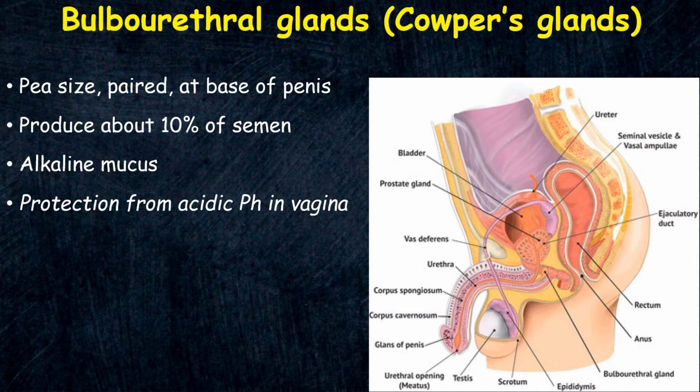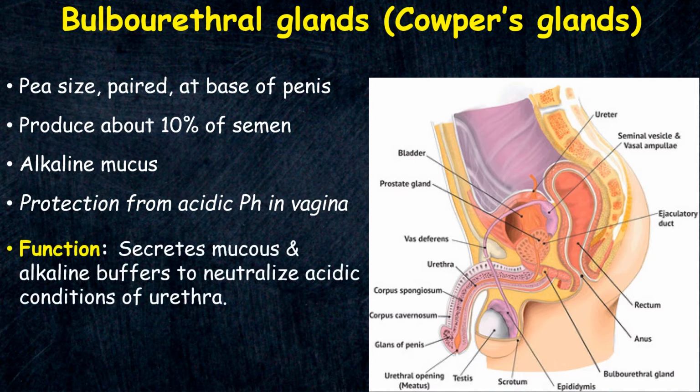So they give protection from the acidic pH in the vagina when the spermatozoa enter after intercourse. The main function is to secrete mucus and alkaline buffers to neutralize acidic conditions of the urethra.